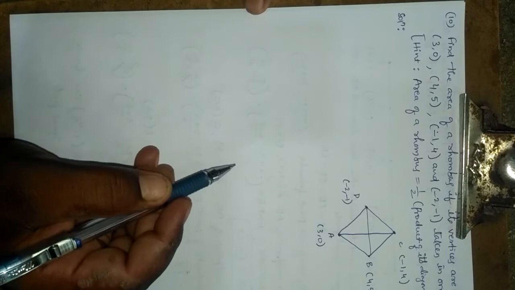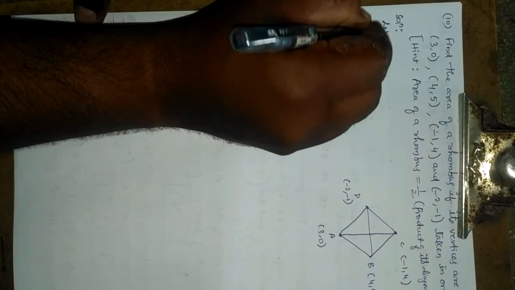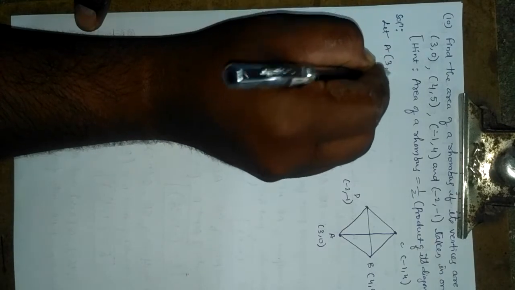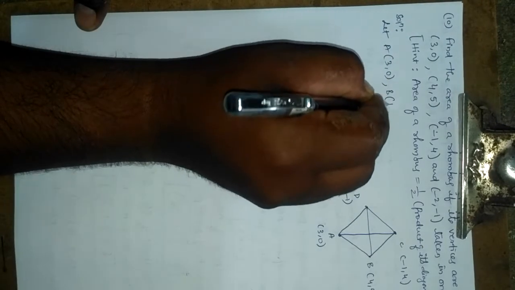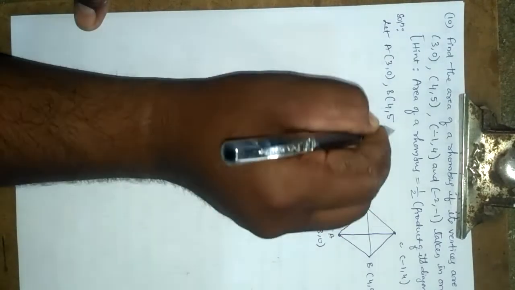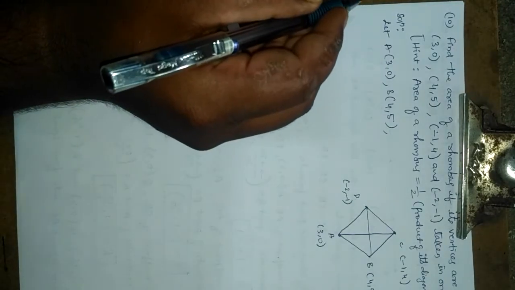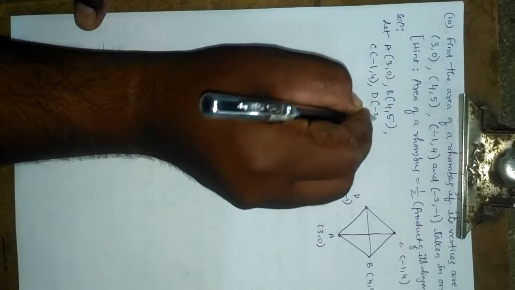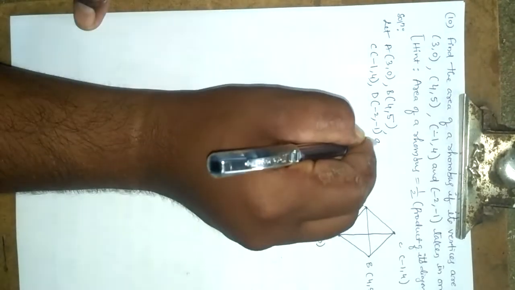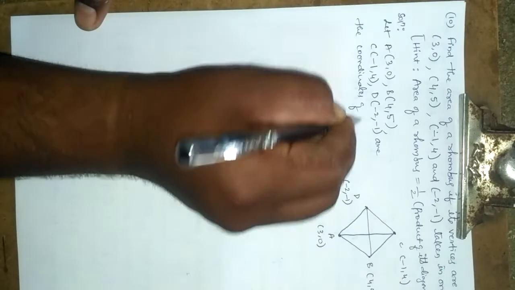So here, let A(3, 0), B(4, 5), C(-1, 4), D(-2, -1) be the coordinates of the rhombus.